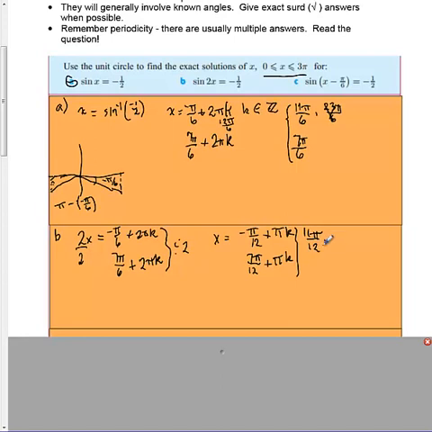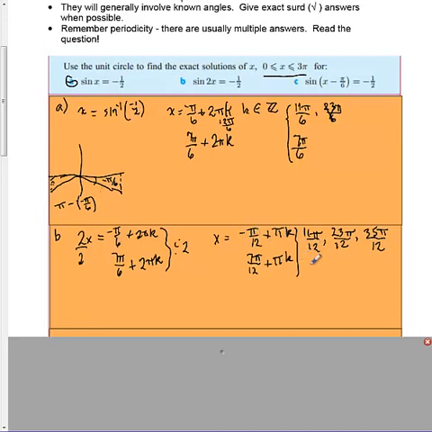And then 23 pi over 12 when I add another pi, and that's a little less than 2 pi, and that works. And the last one is 35 pi over 12, and that's a little bit less than 3 pi. And if I add 12 pi over 12 again, I will be above 3 pi. So I'm done, and these are the three angles I need coming from negative pi over 12 as the starting point.